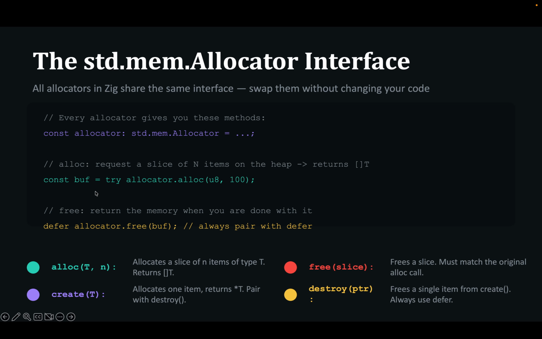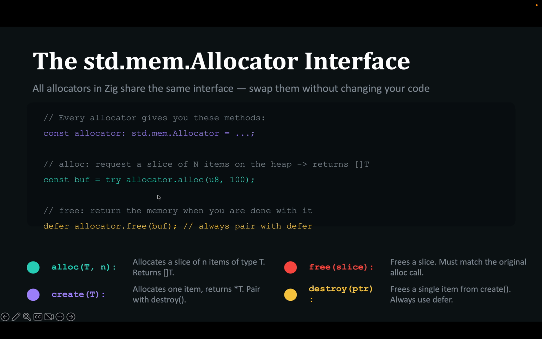So const buffer = try allocator.alloc is the alloc method example, while defer allocator.free is the free method. We always pair our free with defer because in the last video I told you that defer always runs after the function executes. So let's go a bit more into detail and see what they do.